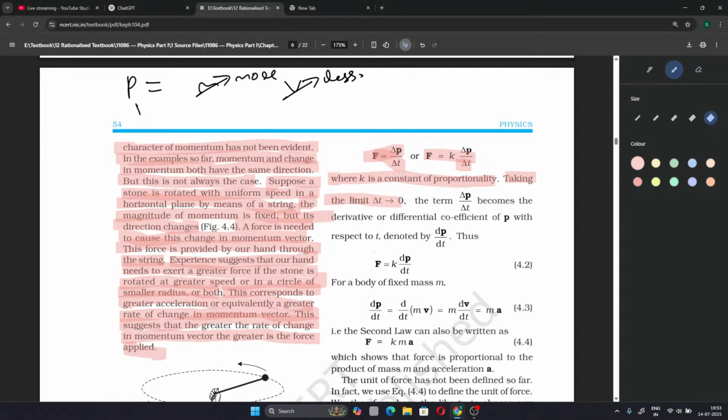Taking the limit delta t to be 0, the term delta P by delta t becomes the derivative of P with respect to t, denoted by dP by dt.